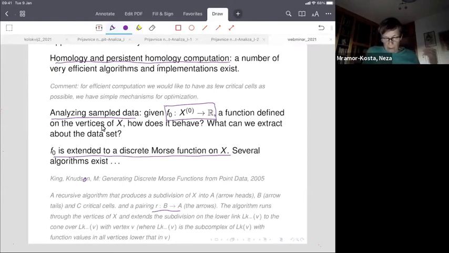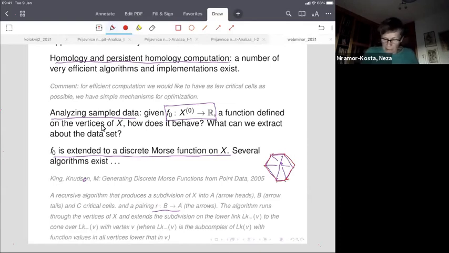It runs through all the vertices and looks at the lower link of that vertex, which means the part of the link of the vertex where the function values on all the vertices are smaller. So if we have a vertex like that, and then we have its link, we just take the part of the link where the function values are smaller.